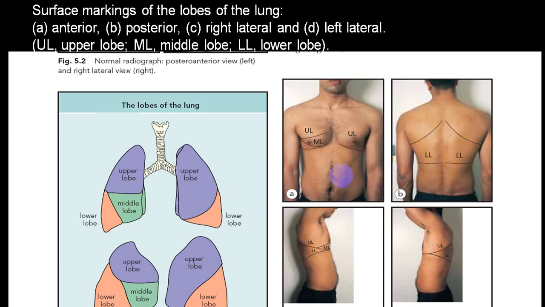So there are a good number of landmarks at the level of the junction of manubrium sterni and body, the Ludwig's angle. And that is the site where the second rib unites with the sternum. So these are the important landmarks.